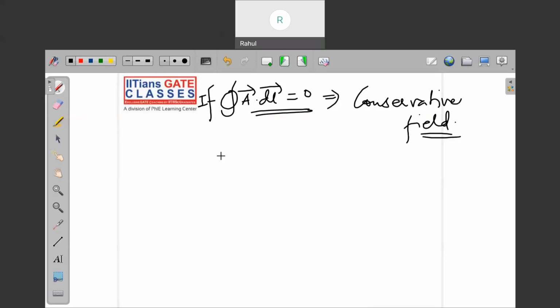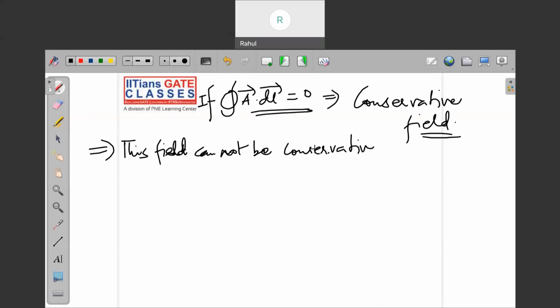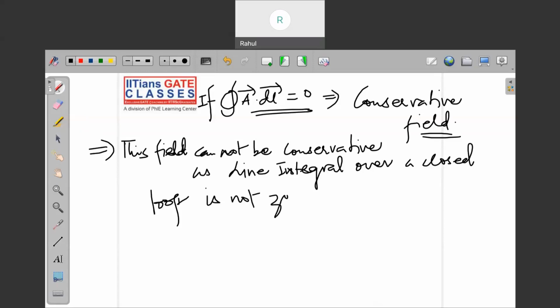Is this field conservative? If the line integral over a closed loop is not zero, then it is not conservative.